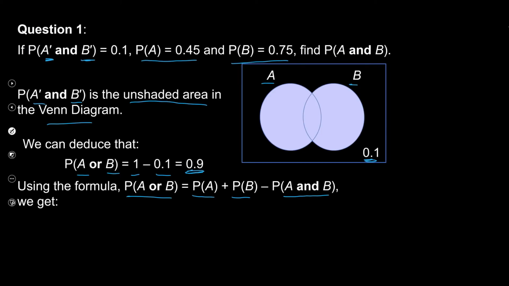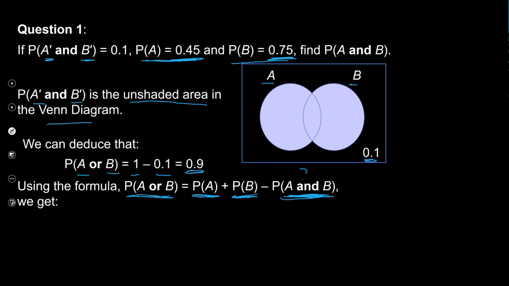Then we can put everything together. We know that the probability of A or B is 0.9. Are we together? The probability of A is given there, which is 0.5. The probability of B is 0.75. And what are we looking for?